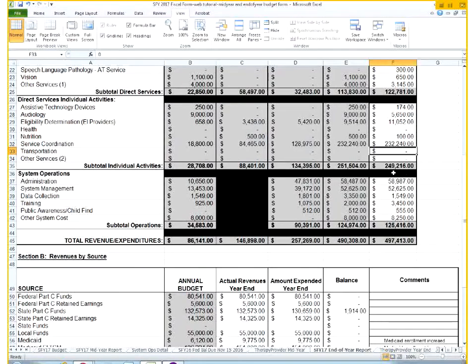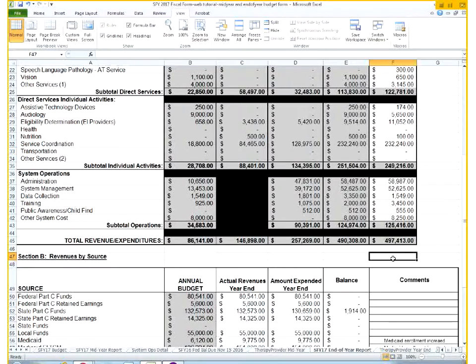And that will be reported here in these white areas. And then, of course, as always, the spreadsheet is going to subtotal each category and then combine those subtotals to come up with a total revenue and expenditures for each column that is listed here.